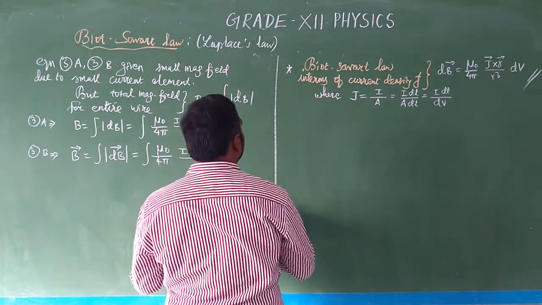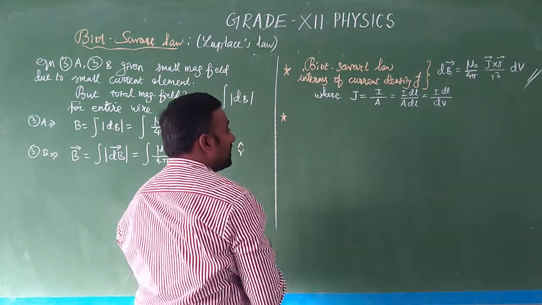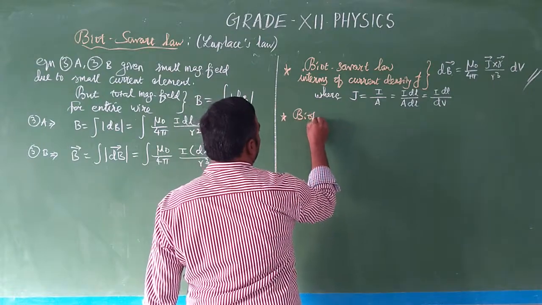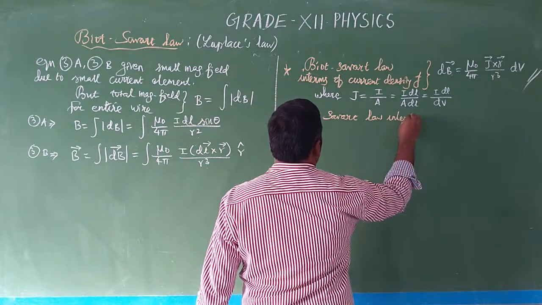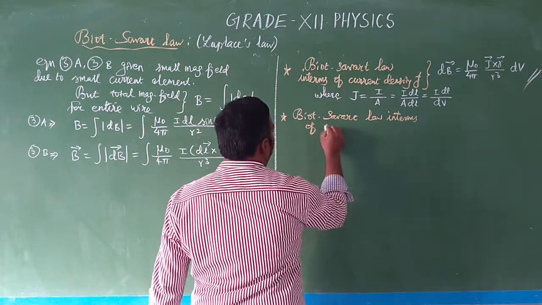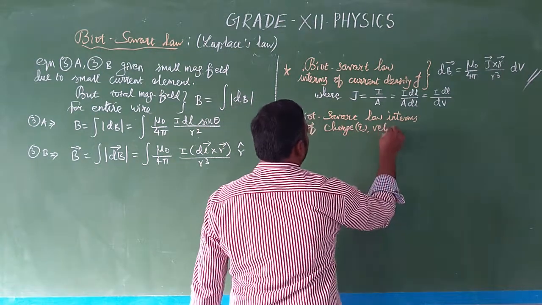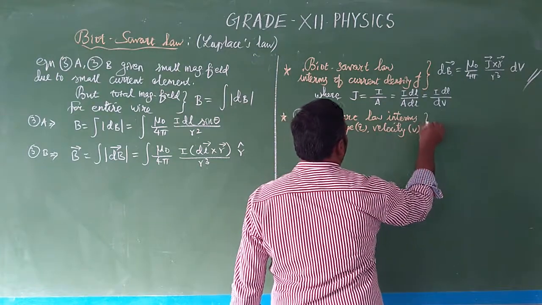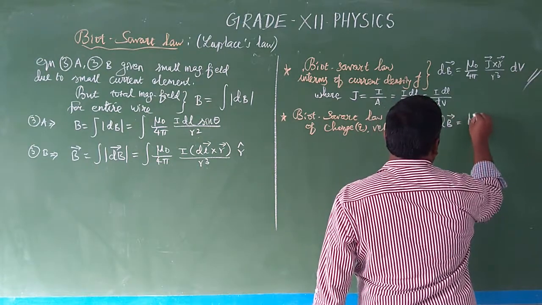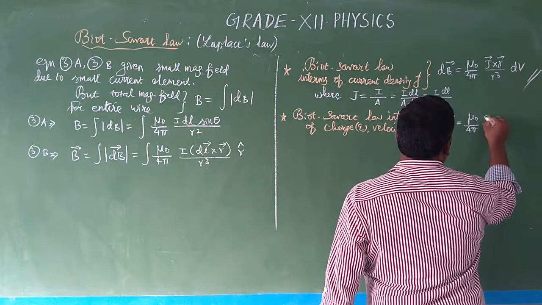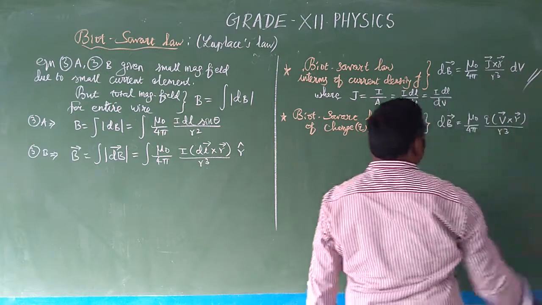The next one is Biot-Savart law in terms of charge q and the velocity v. So dB is equal to mu naught by 4 pi into q into v cross r divided by r cube.